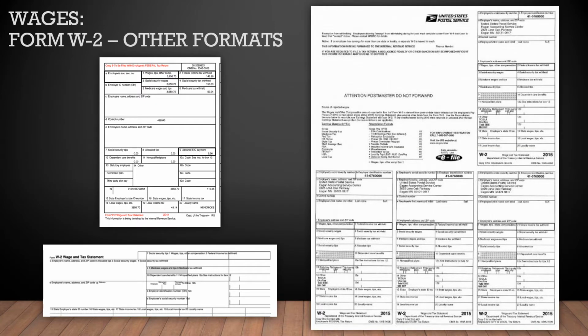I'd like to show you that there are also other formats that the IRS accepts for the W-2. This was something that when I very first started doing taxes, got into the field, and all of a sudden the W-2s did not look at all like the ones that I had been practicing with. So these are some examples of other layouts that you might see for Form W-2, and particularly the one on the right.